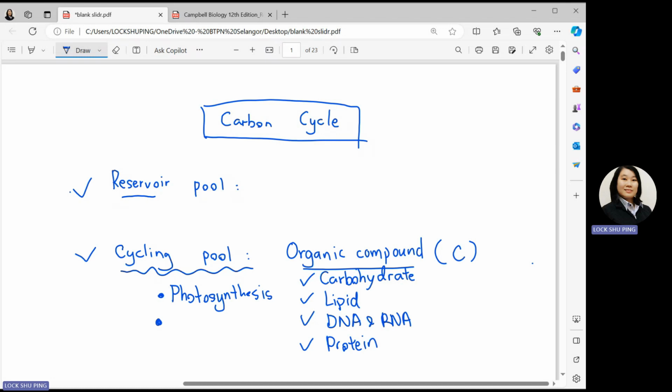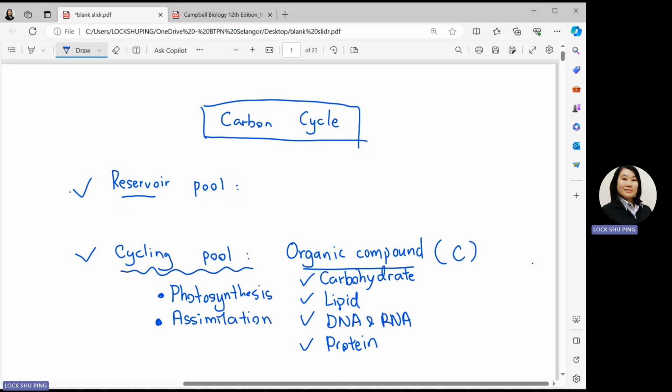So how are they passed from one trophic level to another? It's by consuming, through the interaction between living organisms. Here we are talking about the assimilation process. So when we discuss the cycling pool, we have to focus on photosynthesis and assimilation.